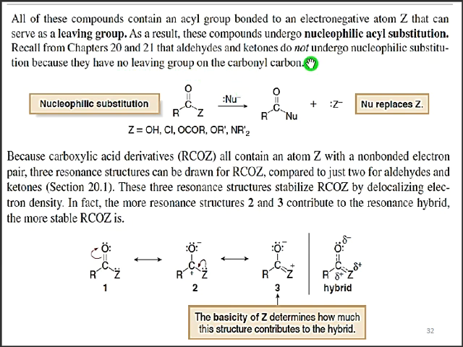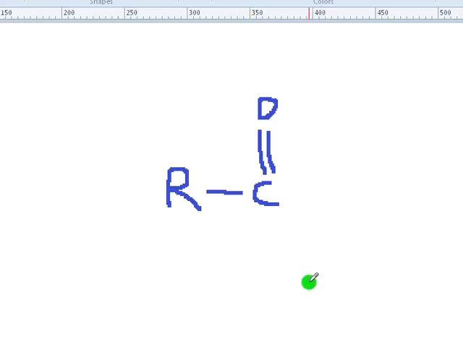Okay, what does this mean? This is the acyl group. If we have hydrogen here, it will be an aldehyde, yes? And if I ask you whether hydrogen is a good leaving group or not, of course your answer will be not. Why? Because hydride, H minus, is a very strong base and not stable.